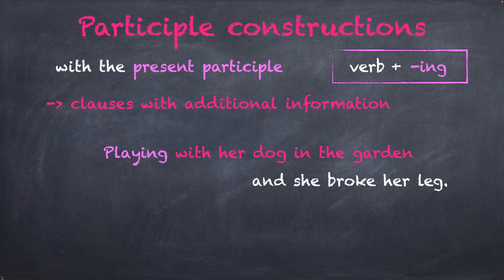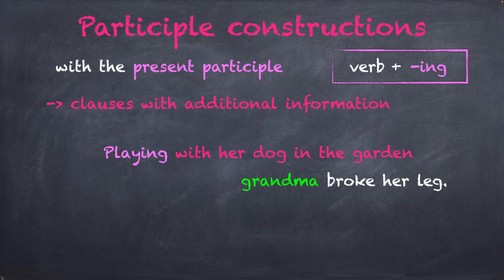Playing with her dog in the garden, she broke her leg, changes the information. You don't know who broke her leg anymore. So you have to change the second part of the sentence too. And you get, playing with her dog in the garden, grandma broke her leg. So again, in the participle construction, you have no subject.